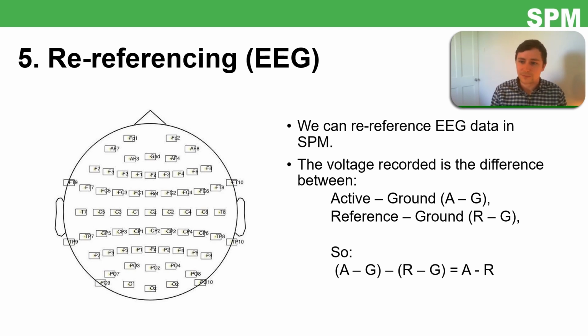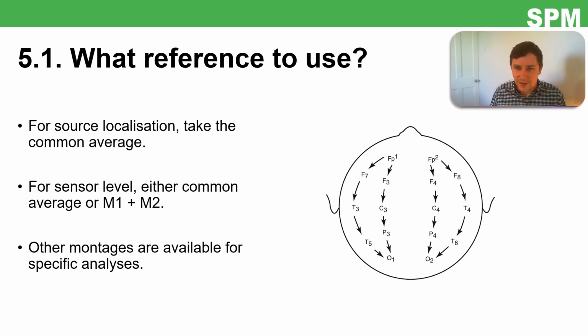So at this point, you've got A minus G and R minus G. So in order to recover A minus R, you do A minus G minus R minus G, leaving you with A minus R. I've explained it now. You probably never need to think about it again. I think it's kind of cool though. So you should be aware.